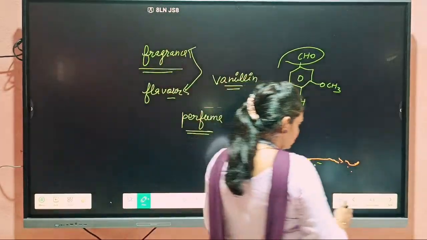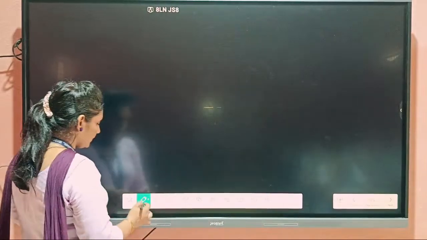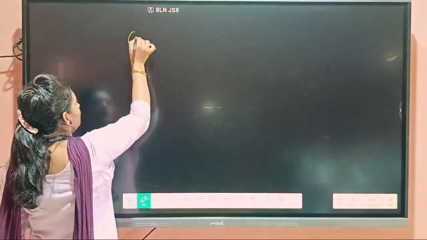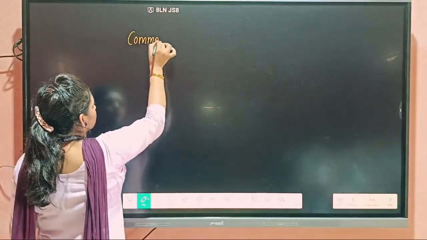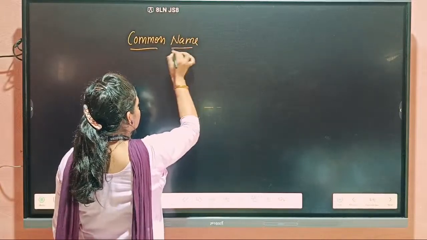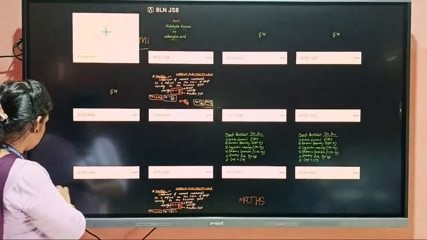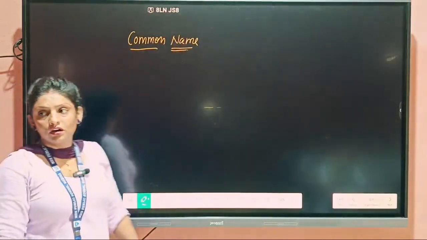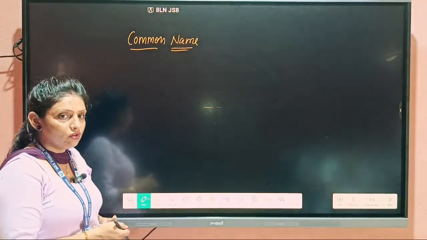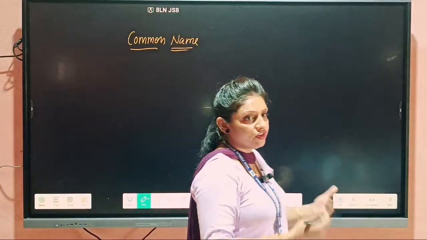So students, now we will talk about some common names. We get some compounds from their common names in your exam. So we will see some common names which we use frequently.